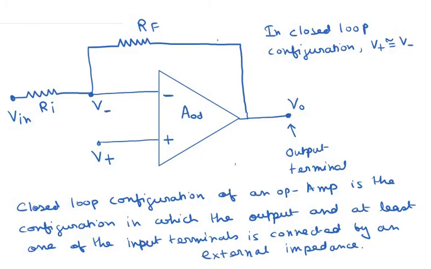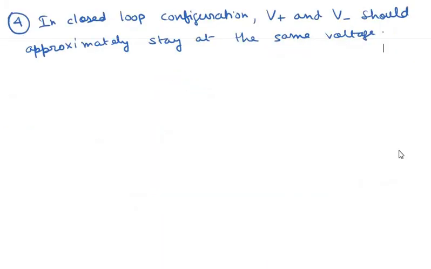And in a closed loop configuration of an op amp, the inverting and the non-inverting terminal voltages should approximately be the same. Okay, so in closed loop configuration, V plus and V minus should approximately be at the same voltage, provided that the output voltage V0 lies in the range of plus V bias and minus V bias.